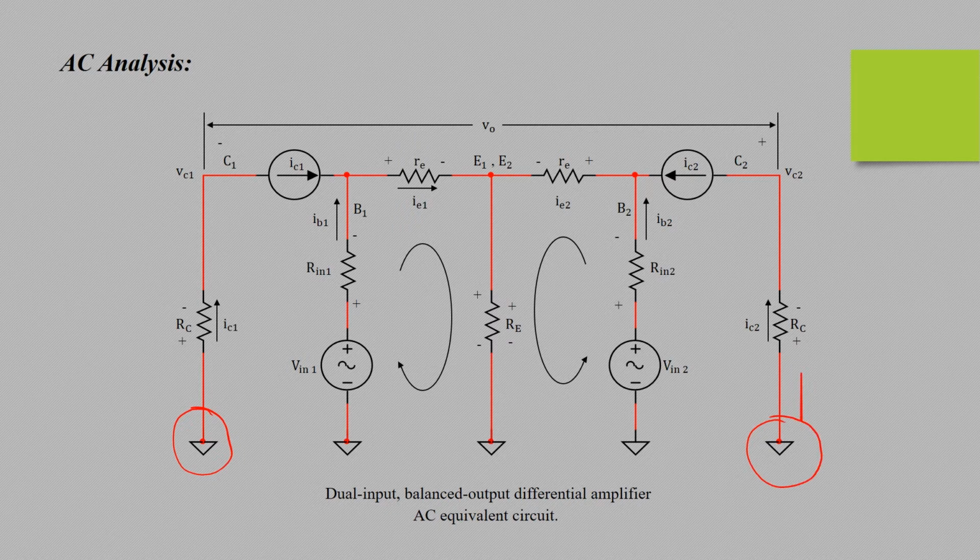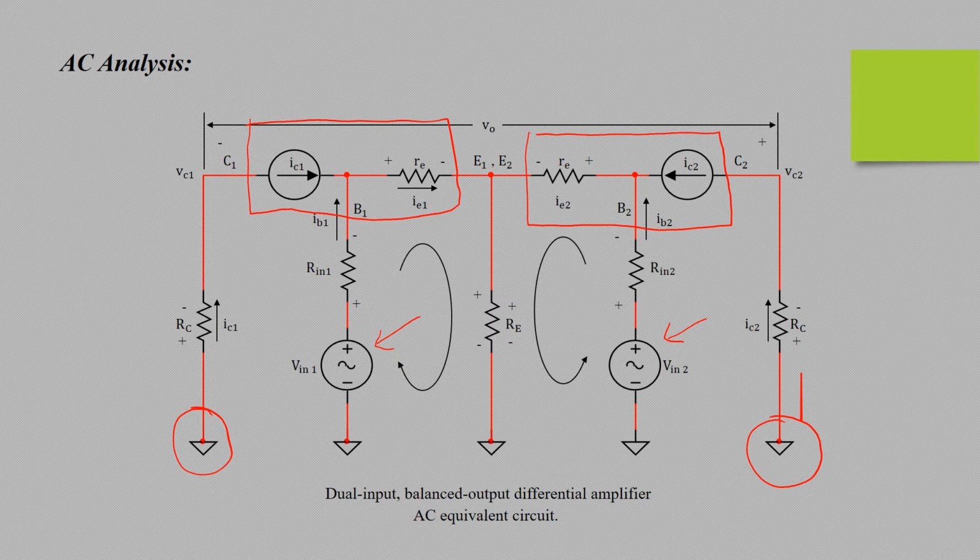Now we have taken the input voltages in the circuit because they are AC in nature. We have substituted the transistors with their T equivalent models. So this is the T equivalent model of the transistor 1 and transistor 2.